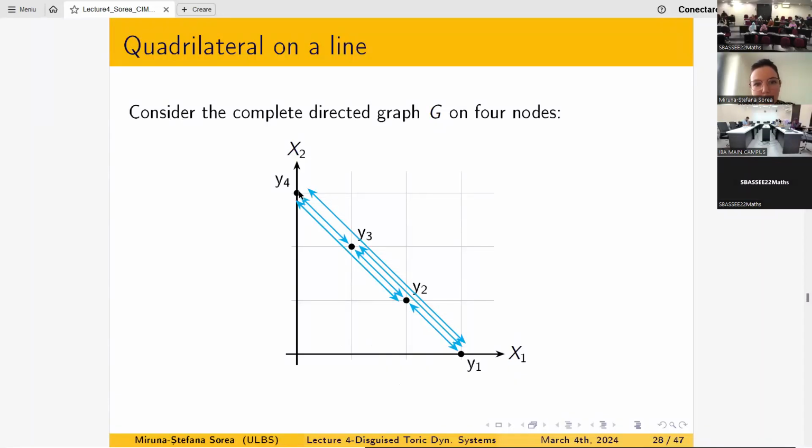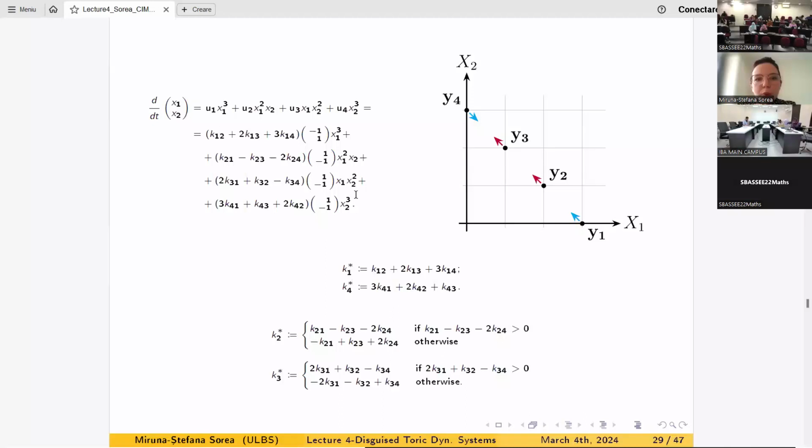For y4, we knew that it will point towards y1. You can see this because y4 to y3 plus y4 to y2 plus y4 to y1, the sum of these will be something that is directly, positively proportional to 1 minus 1 here. This is the one.